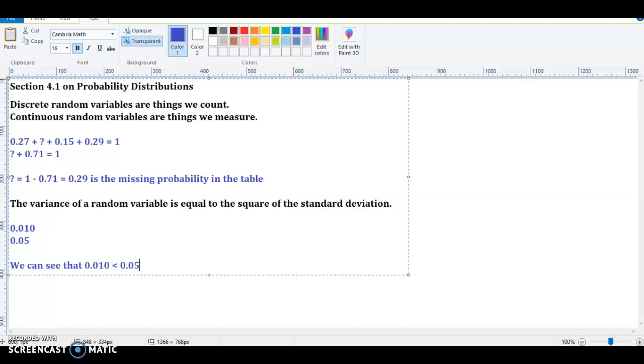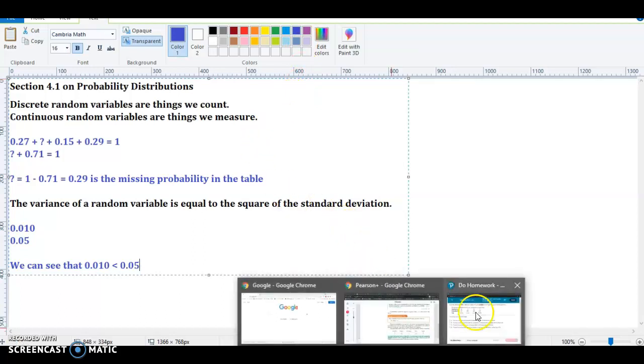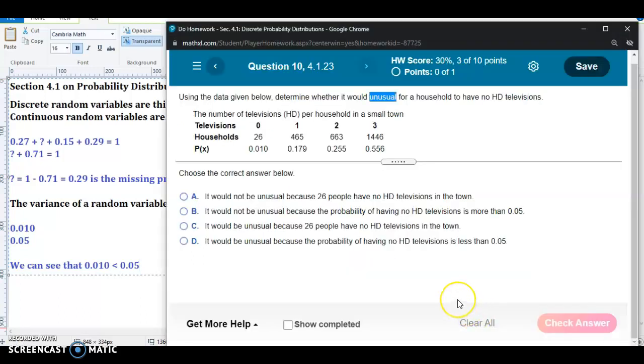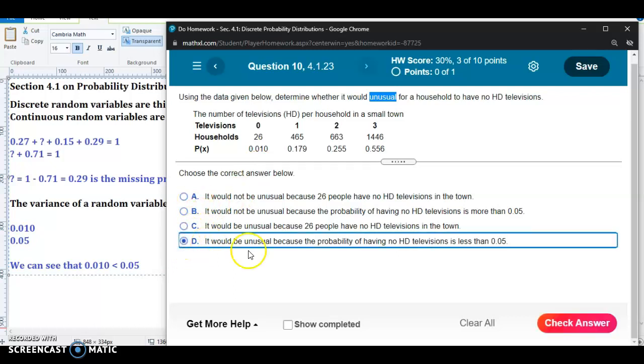So the answer is yes, it would be unusual, because the probability of 0.01 is less than 0.05. That's what we saw in the book: an event with a probability that's less than 0.05 is unusual. So select the best answer choice.